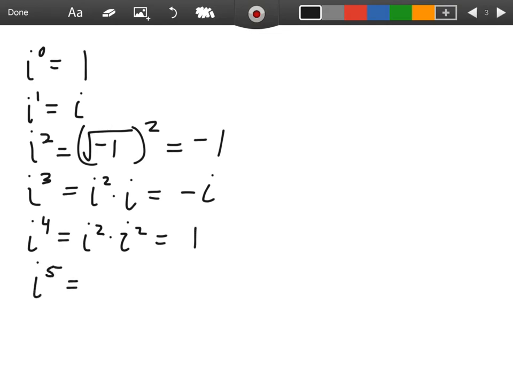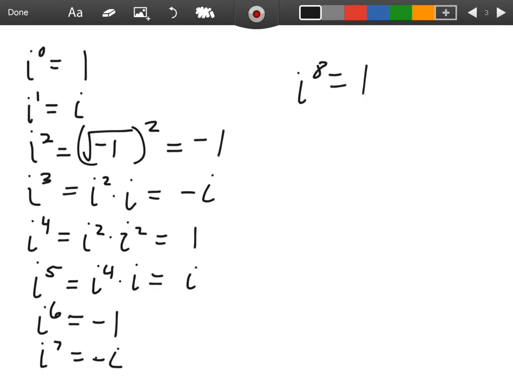i to the fifth is i to the fourth times i, which is just i. i to the sixth, if you look at the pattern, it goes i, -1, -i, 1, and then obviously it's going to be -1. i to the seventh, -i. i to the eighth is 1. i to the ninth is i. i to the 10th is -1. i to the 11th, -i.